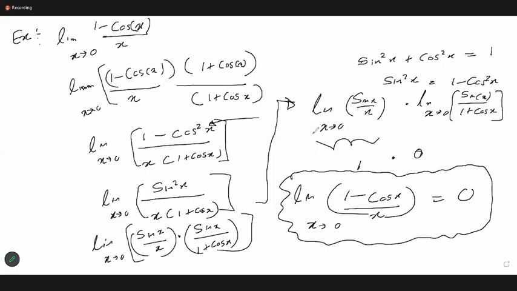Like the previous one, sin x over x equals 1, then 1 minus cos x over x equals 0. So keep in mind this one also. If you make this part, you can just apply the limit value 0 for that part. So this one also needs to be highlighted.